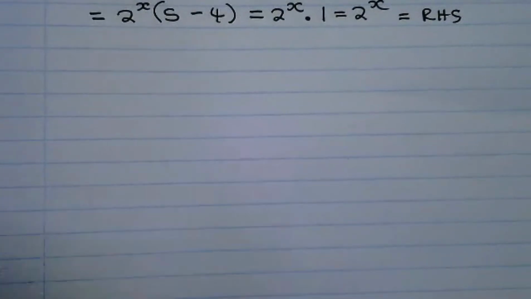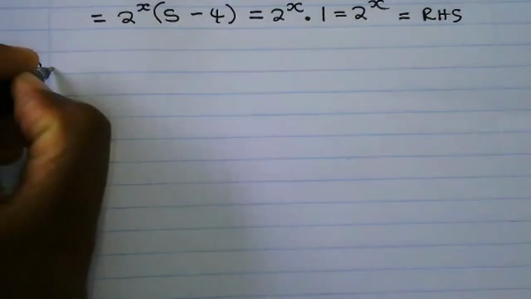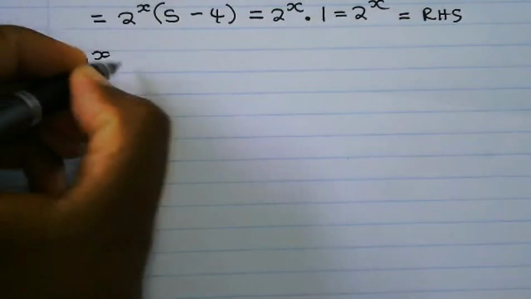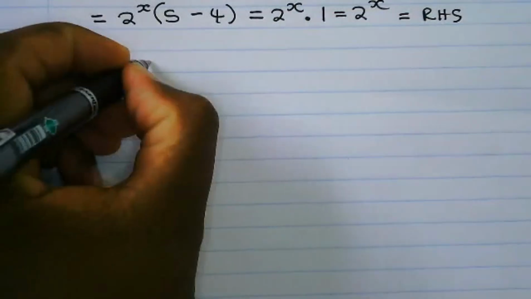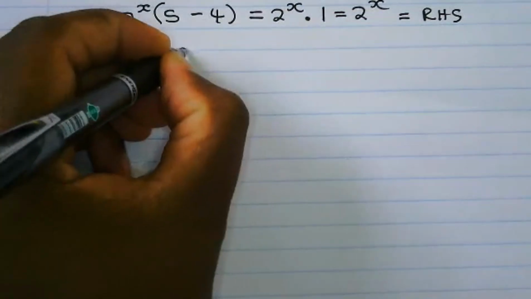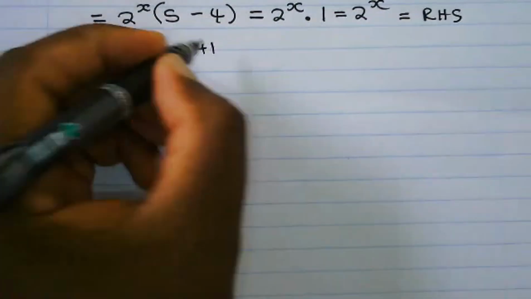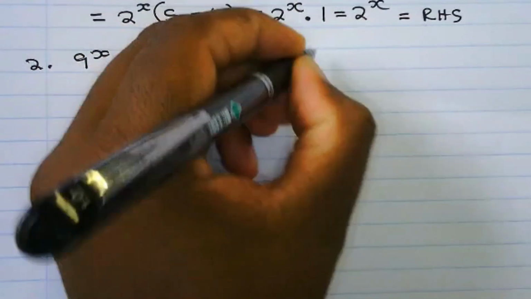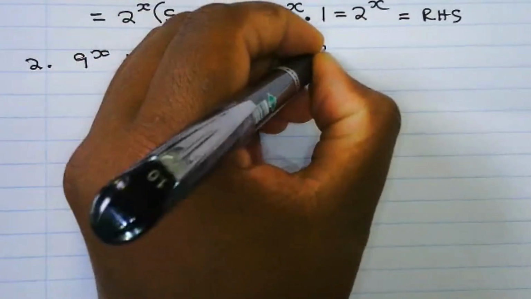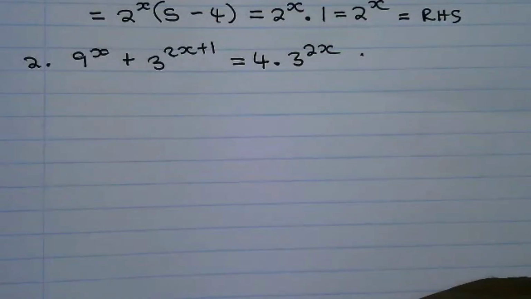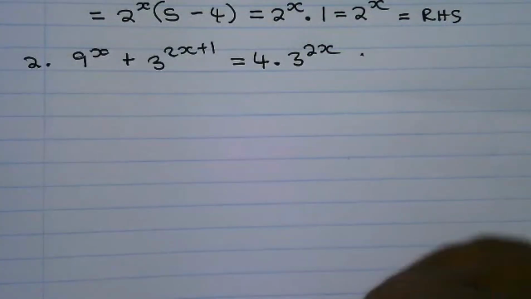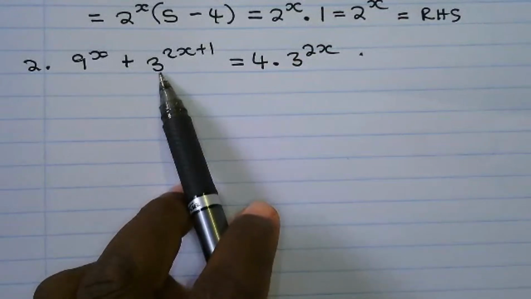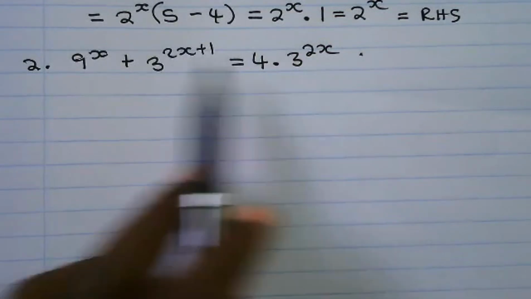And the second one, show that 9 raised to x plus 3 to the 2x plus 1 is equal to 4 multiplied by 3 raised to 2x. Alright, we have a base 3 there.